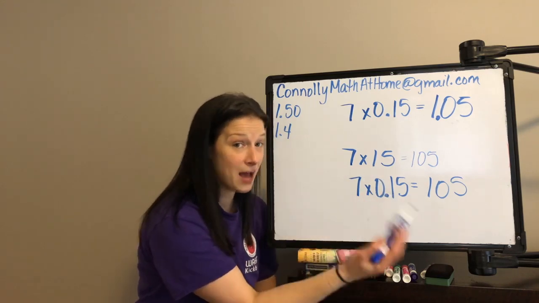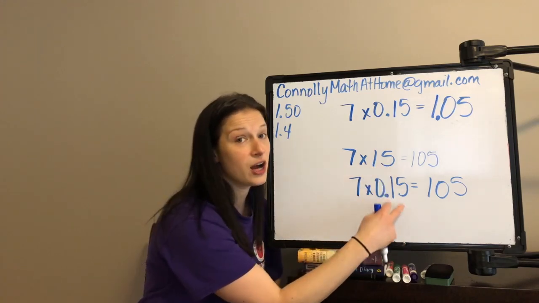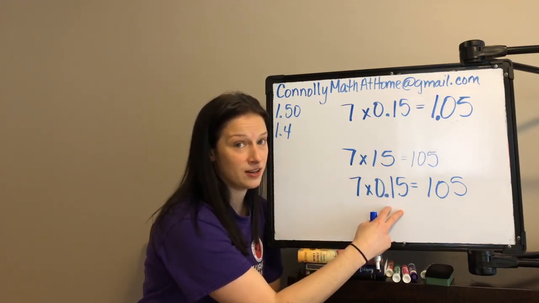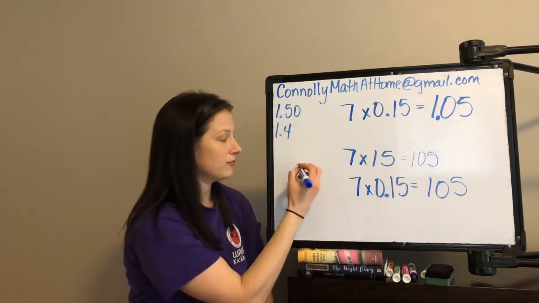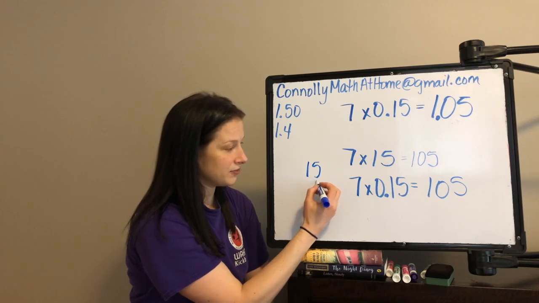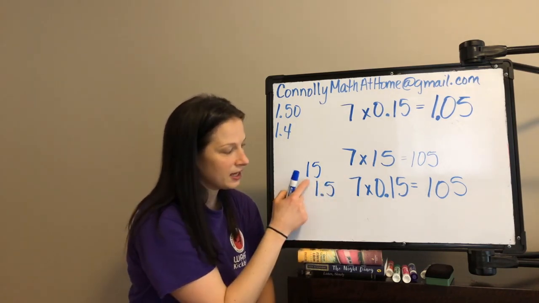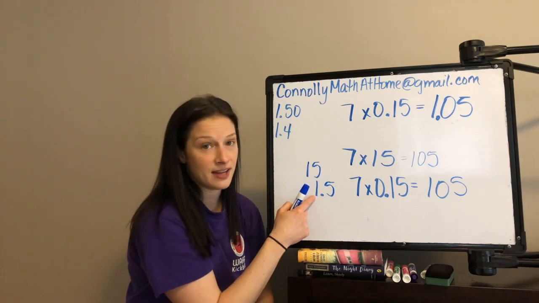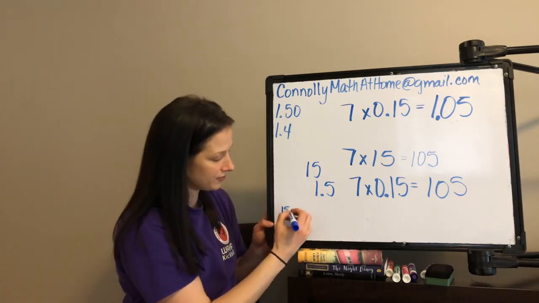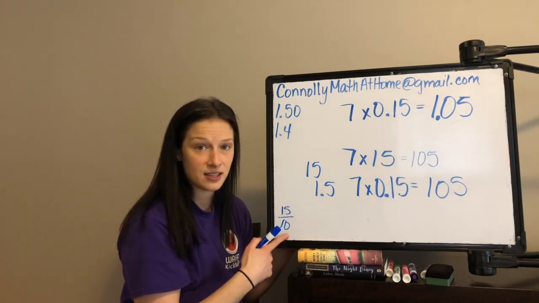And what happened was 15 got 100 times smaller. Okay, so 15, if I had divided 15 by 10, sorry, if it got 10 times smaller, it would have been 1 and 5 tenths. Okay, so if I had done 15 divided by 10, I would have gotten to 1 and 5 tenths.